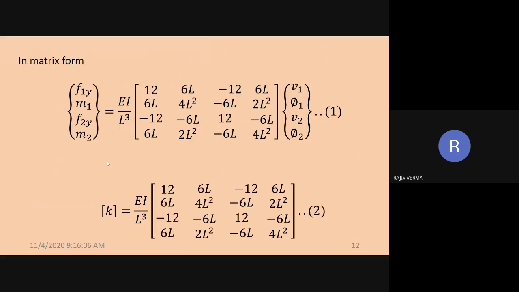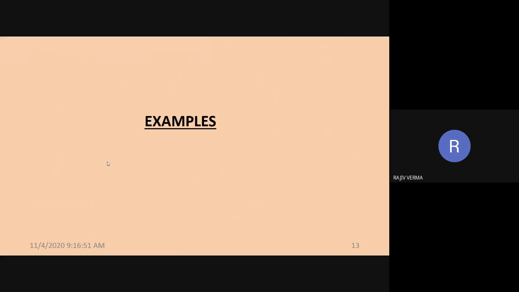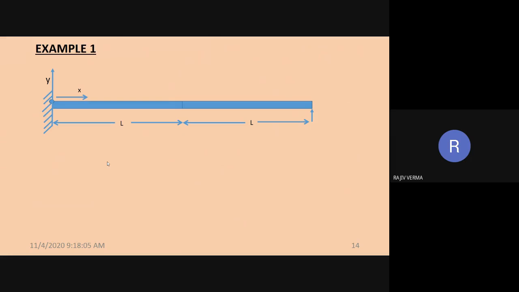Now, once the stiffness matrix has been obtained, we can obviously utilize it to solve some beam problems. So, we are taking an example. The example which we are taking happens to be a cantilever problem, which has a vertical force acting downwards and a moment acting in the anticlockwise direction at the center.